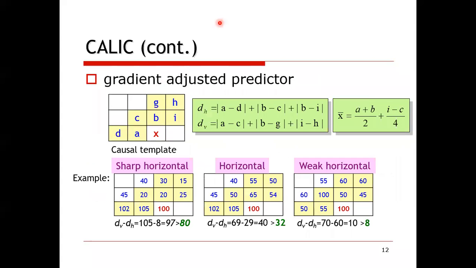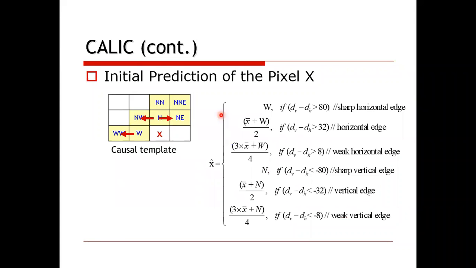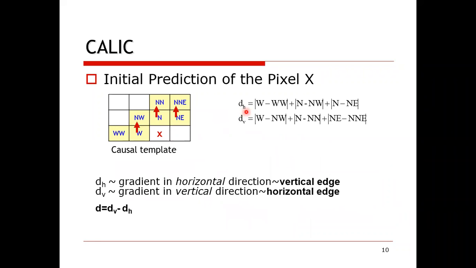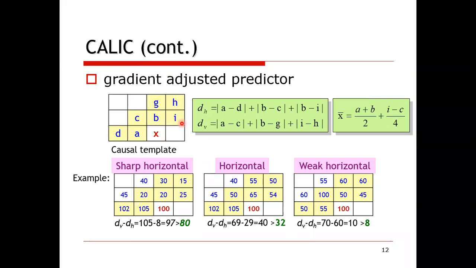Now see here, gradient. Suppose you want to find the predictive value of the given pixel x, then what is the formula? ds is given by the CALIC formula: w minus ww, n minus nw, and n minus ne. So apply the formula here.